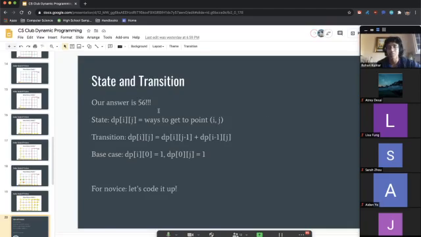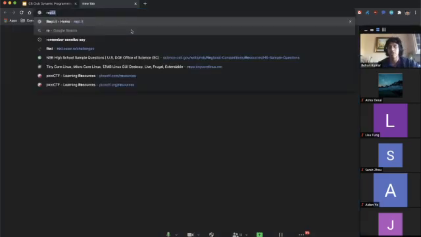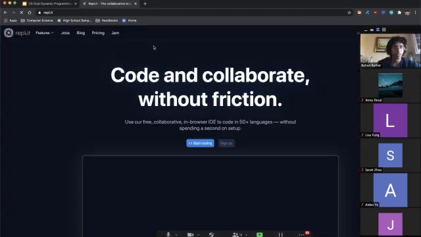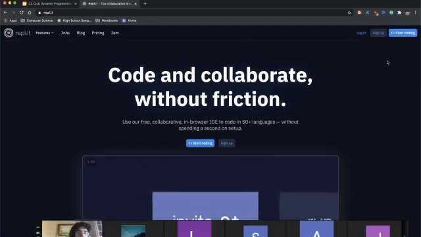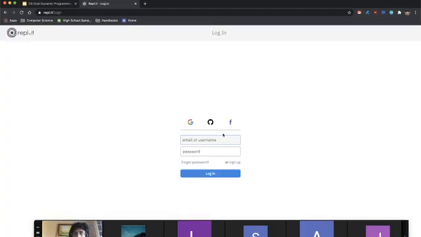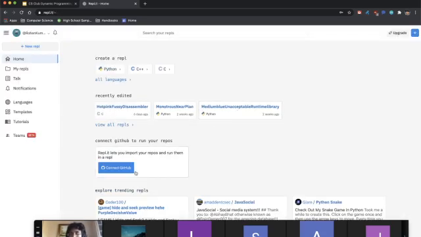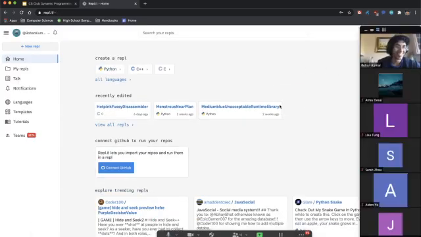I want to code this one up because the examples we're going to talk about later are kind of complicated, so let us code it up. Okay, hold up. Log in. Okay, what language are you using? Any suggestions?